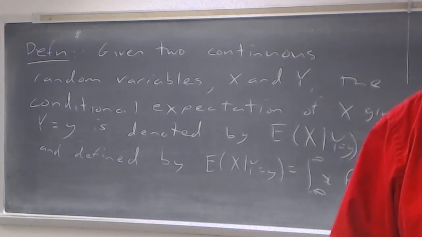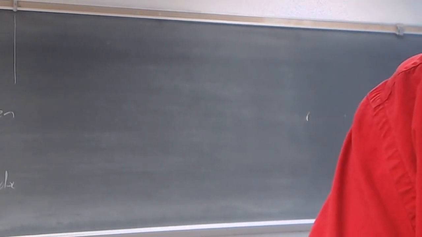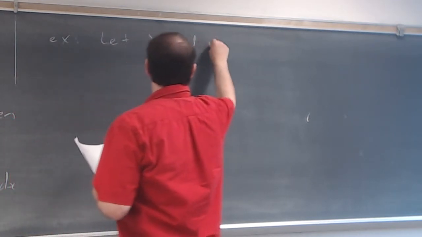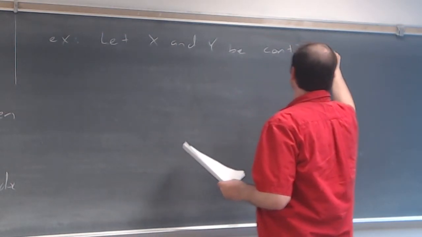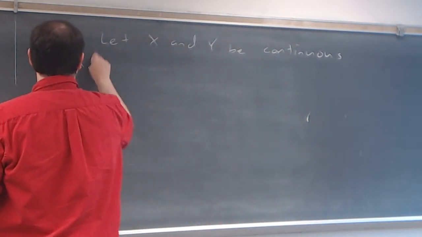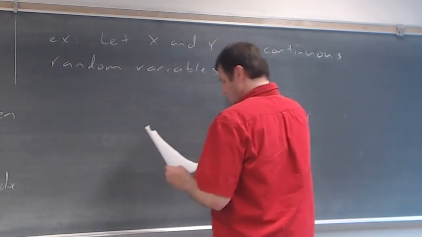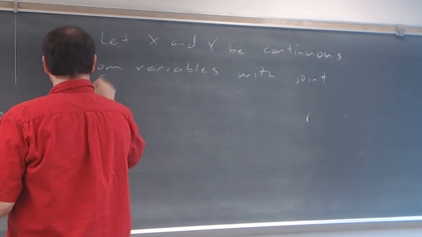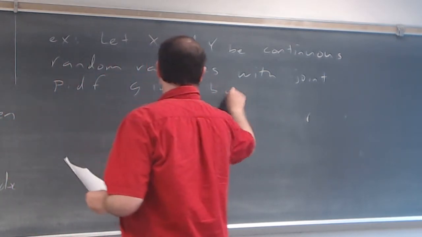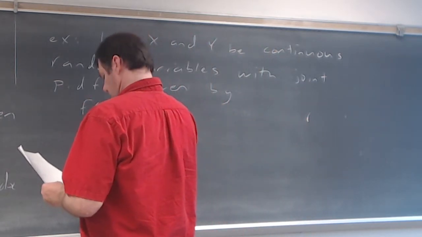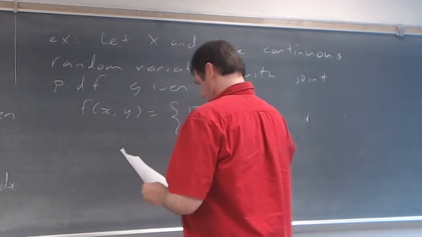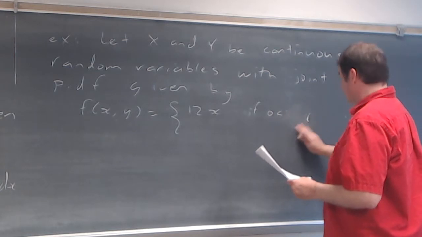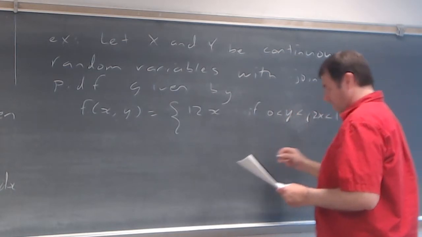Well, let us look at an example. Let x and y be continuous random variables with joint PDF given by f of x, y is equal to 12x if 0 is less than y is less than 2x, which is less than 1, and 0 otherwise.